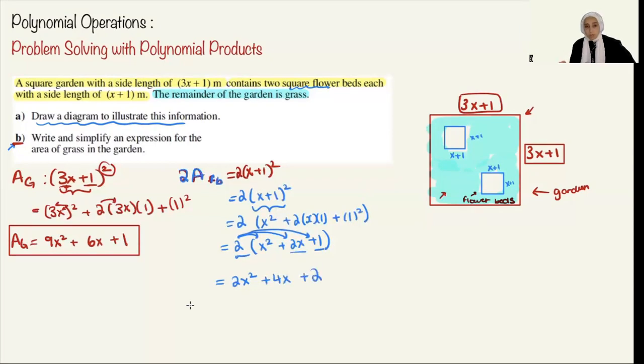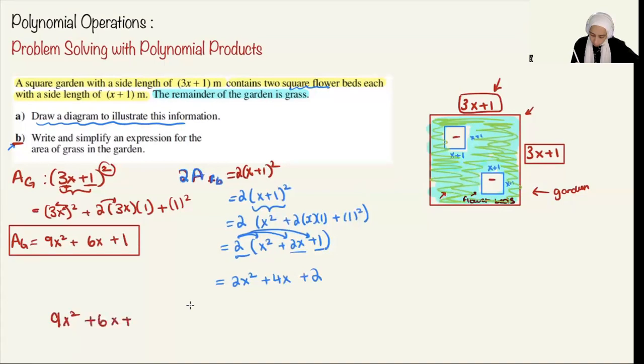Okay, so now what were we being asked? We were asked, what is the area of the grass over here? Okay, so the one covered in baby blue or now green. So what we needed to do is get this area and subtract this area over here. So now we have 9x squared plus 6x plus 1.